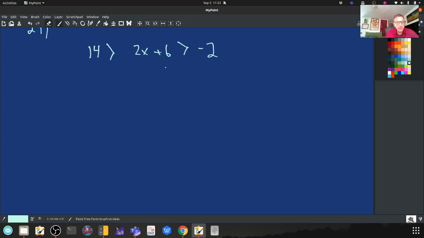The way you would want to do this would be to just rewrite this side. 2x plus 6 is greater than minus 2. So that's the same as saying minus 2 is less than 2x plus 6. And saying 14 is greater than 2x plus 6 is the same as 2x plus 6 is less than 14. And now you're done. Now you just subtract 6 from both sides.